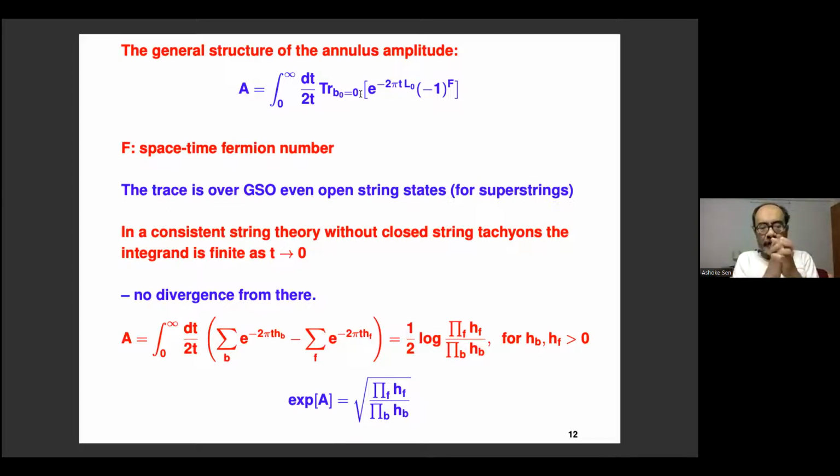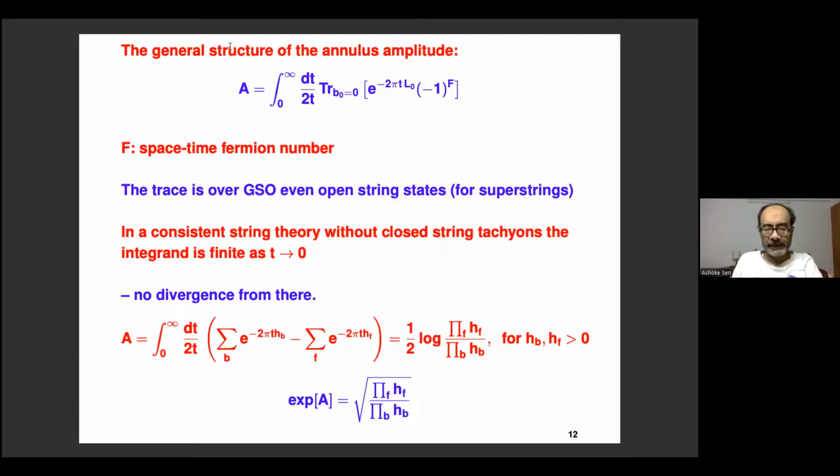The reason that you have to restrict to only b_0 equal to 0 states is because there are ghost zero modes. These b and c are the usual bc ghosts. Unless you absorb the ghost zero modes explicitly, you will get 0 essentially from this trace, because you are calculating this trace weighted by (-1)^F, where F is the space-time fermion number.